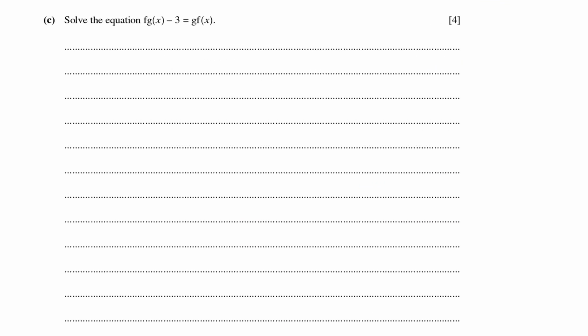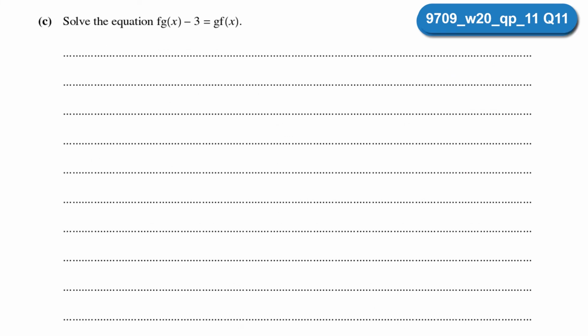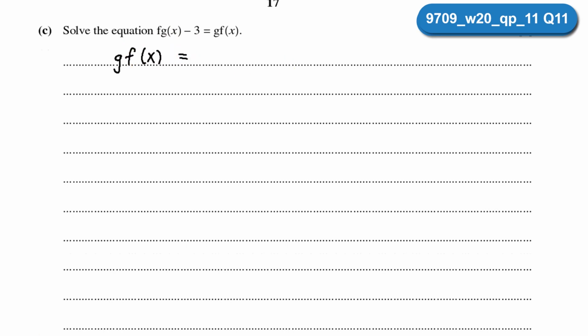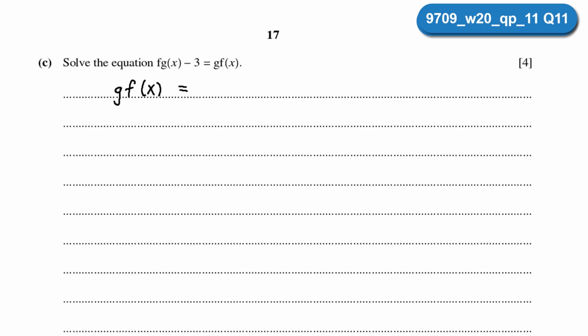Part C. Solve the equation f of g of x minus 3 is equal to g of f of x. So here, the first thing that we can do is to first find g of f of x, since f of g of x, we already have it. So for g of f of x, if you look at our functions, so I'll just place them here.